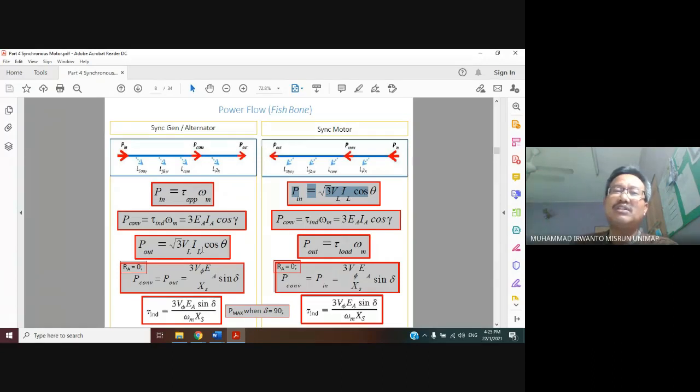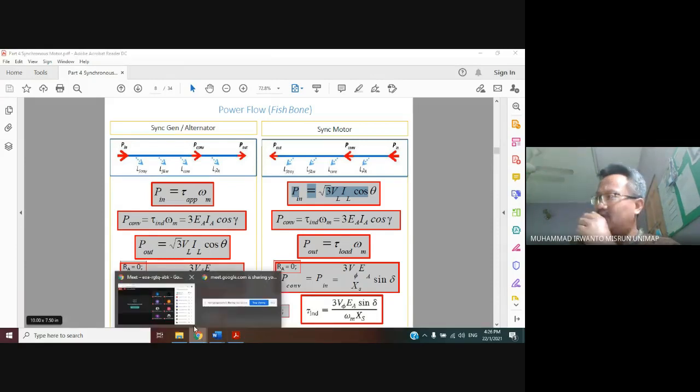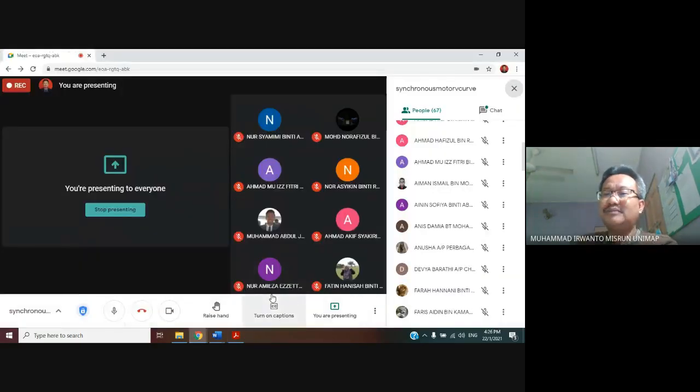Ya sebab generator kan producekan electricity. Kalau motor kan perlukan electricity. Jadi formula dia sama. Kemudian untuk yang line voltage, phase voltage, terminal voltage, formulanya itu sama ya untuk generator dan untuk motor. Yang relationship ya, yang Abdul maknakan tadi.